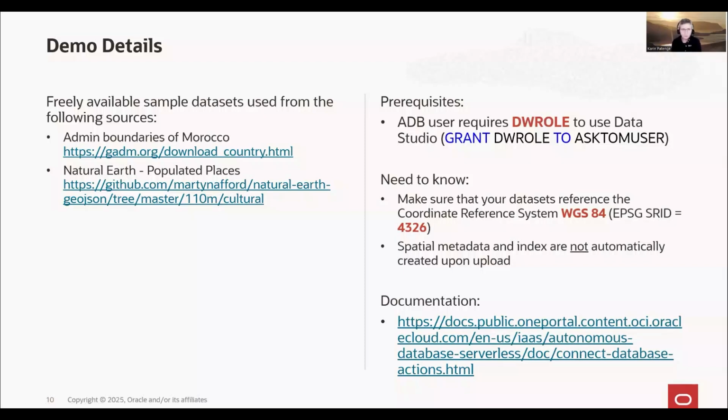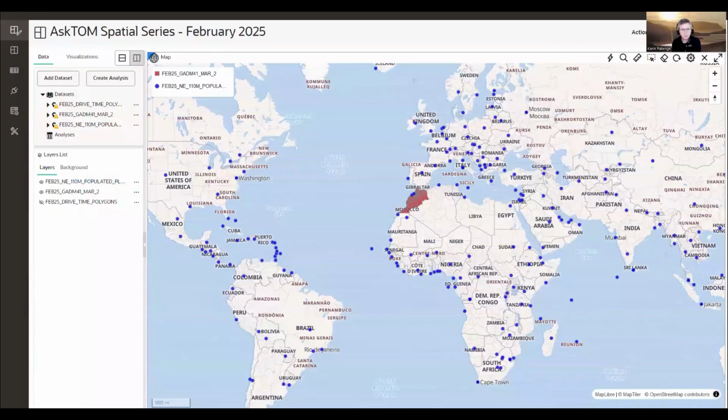You've seen in one of my previous casts that with 23ai, once you create the spatial index, the spatial metadata are automatically registered. So if you have 23ai, you can just create the index that way and have the metadata registered. The documentation you can find here, so if you want to check in more detail, just feel free to open that link. And what we will be seeing at the end is these two data sets, which I've again visualized using Spatial Studio.